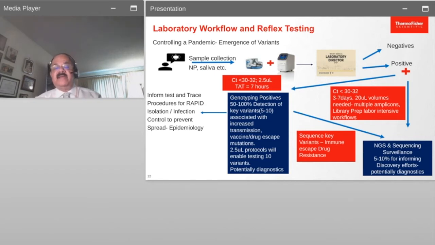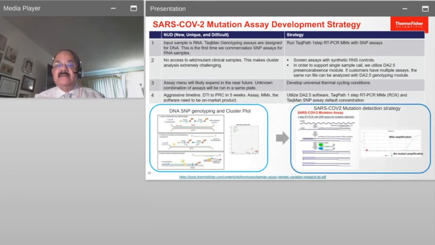On the genotyping side, what you see here is a description of the genotyping assay. In this picture we have two probes, one binding to allele 1 or the wild type, if you wish to call it that, the other binding to the mutant or allele 2, and the signal generated from these two probes is put on a cluster plot where you'll see clusters on one axis corresponding to allele 1 and clusters on the other axis that correspond to allele 2.